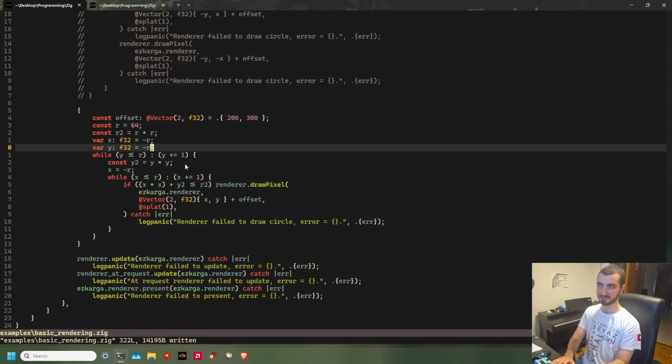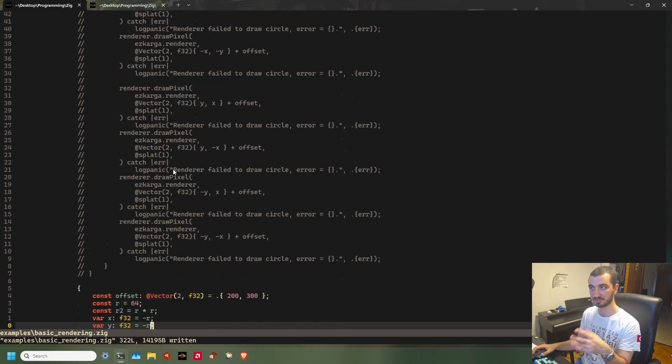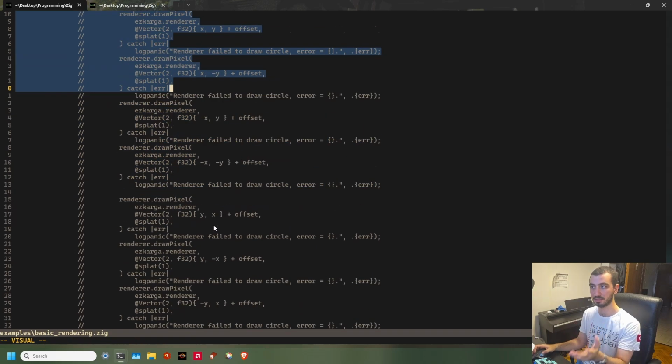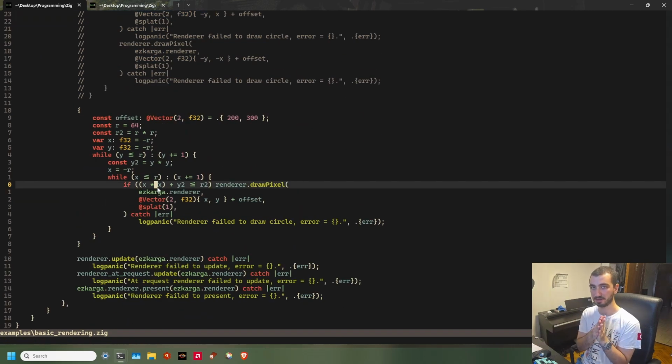So what we can do is cut it in half, just like we did with the first one we drew with this algorithm. We draw only one part of it and then mirror it.